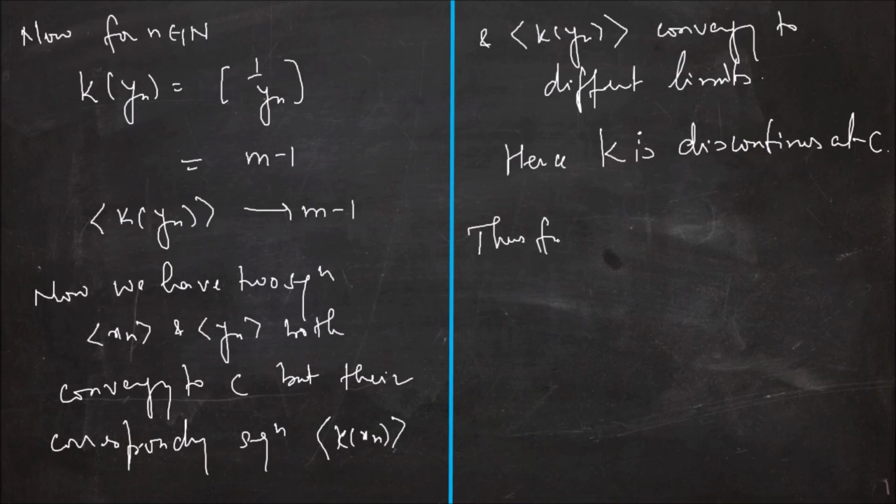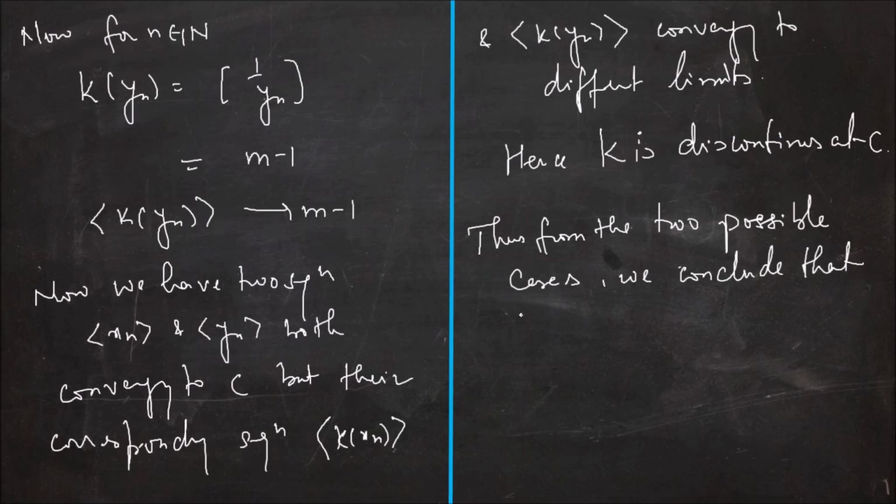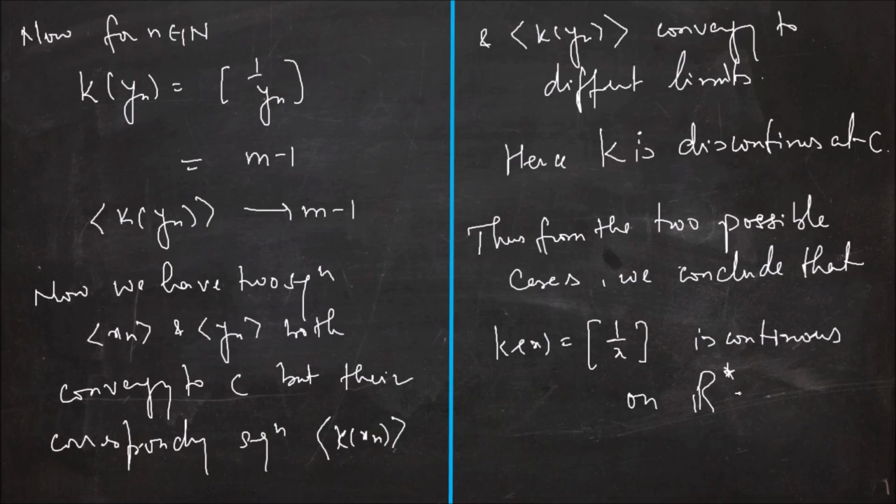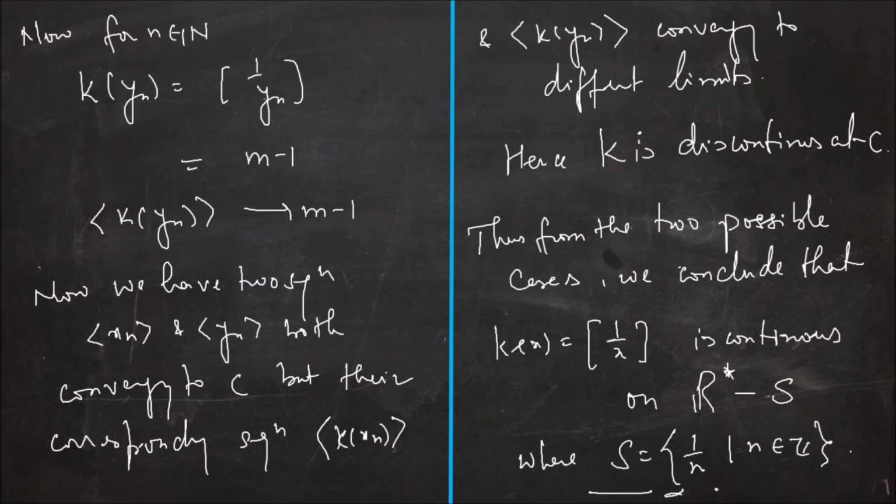Thus, from the two possible cases, we conclude that k(x) equal to the greatest integral value of 1 by x is continuous on R star minus S, where S is the set of real numbers of the form 1 by n, where n belongs to Z. So this completes question number 4.